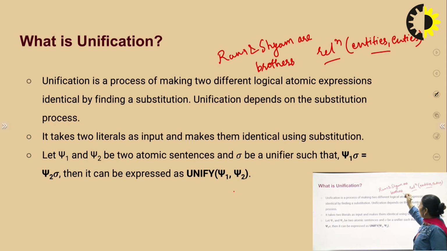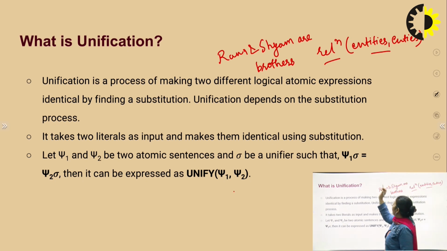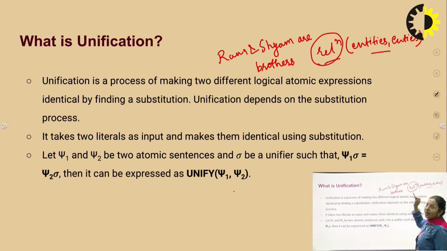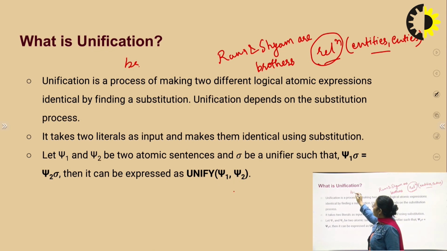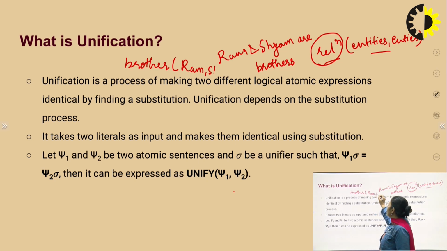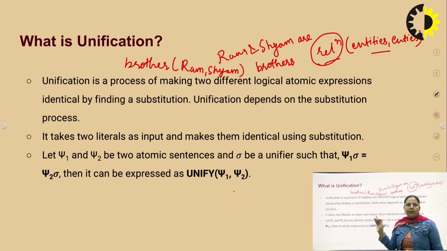First we have to write the relation, because the syntax tells what the relation and the entities are. So the relation between Ram and Shyam is brother, and then, in brackets, Ram, comma, Shyam. In this way we can write the facts and apply the rules related to those facts and the relation between them.